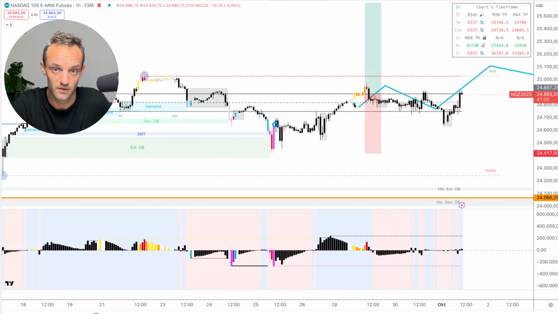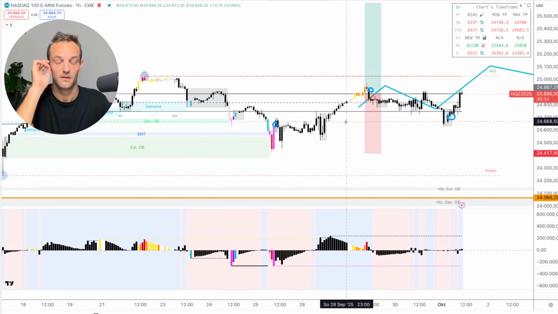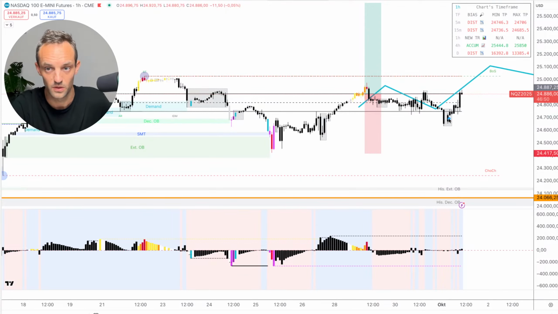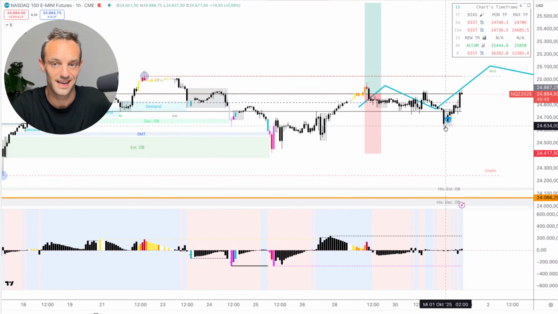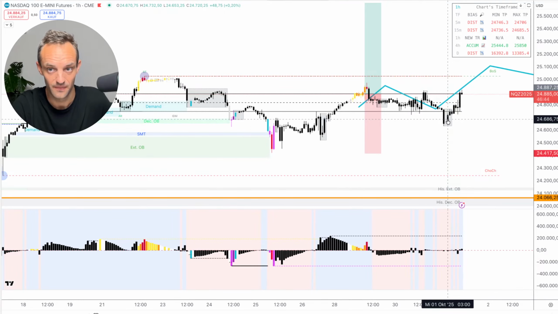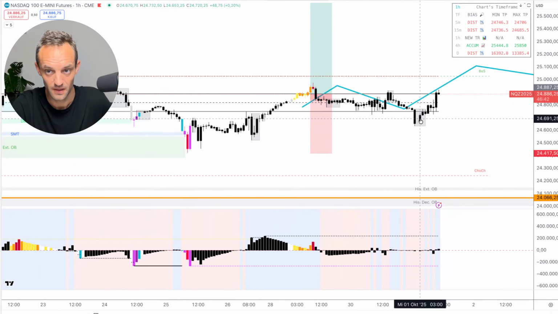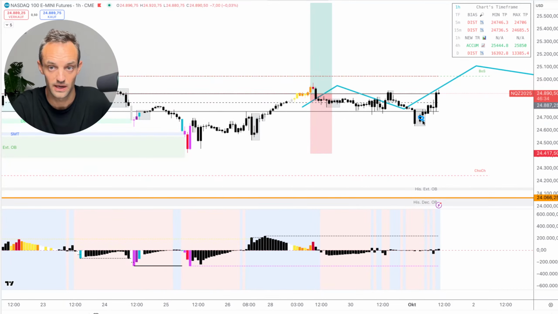Okay, here, there. So today in the morning, from my point of view, was a very good entry to enter in long direction. Here, 3 a.m. in the morning today, New York time, there was a good long entry opportunity after this colorful candle.